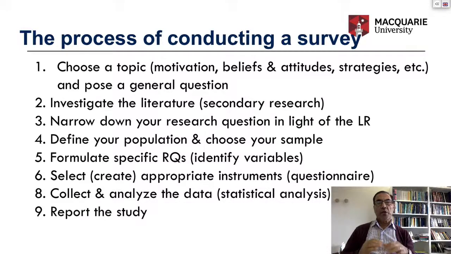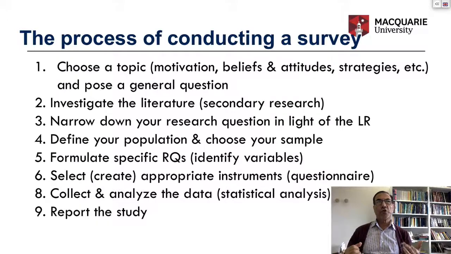And then after you review the relevant literature, it's possible for you to narrow down your research question in light of the literature that you have reviewed, and then you define your population and choose your sample, and then you formulate your specific research questions.